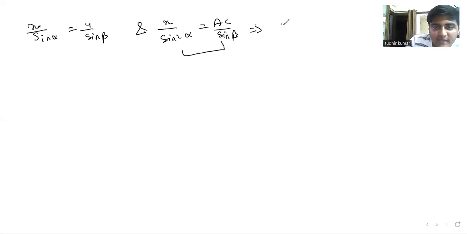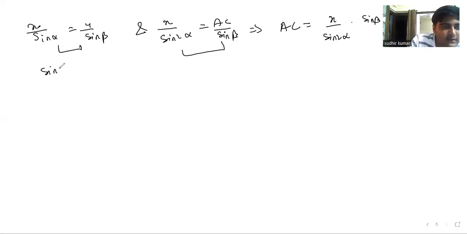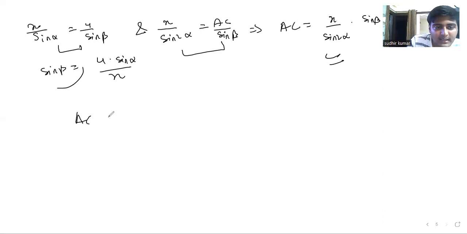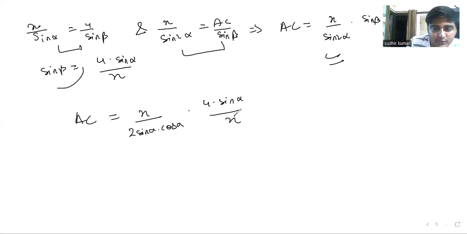From this relation, we have AC is equal to X upon sine 2 alpha into sine beta. And from this relation, we have sine beta is equal to 4 into sine alpha upon X. So now if we put the value of sine beta in this relation, we get AC is equal to X upon sine 2 alpha, which can be written as 2 sine alpha into cos alpha, into 4 into sine alpha upon X. So X will be cut out, sine alpha cut 2 times.